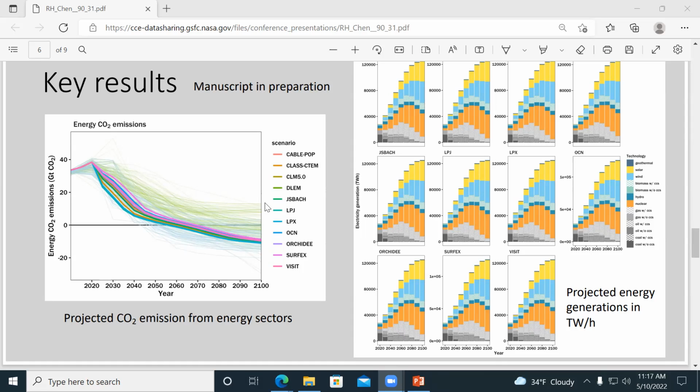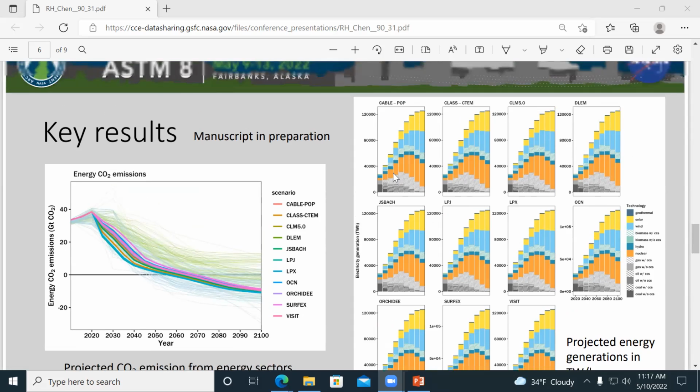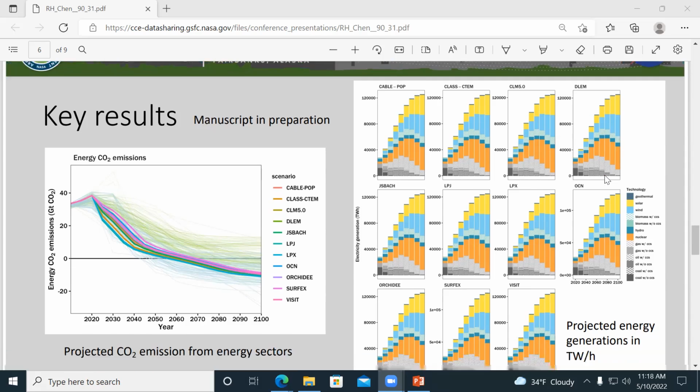And we do see the CO2 emissions are different if we use different TRENDY models in the GCAM model. The right side shows the energy electricity production using different TRENDY models. These color bars show different renewable energy and traditional energy.